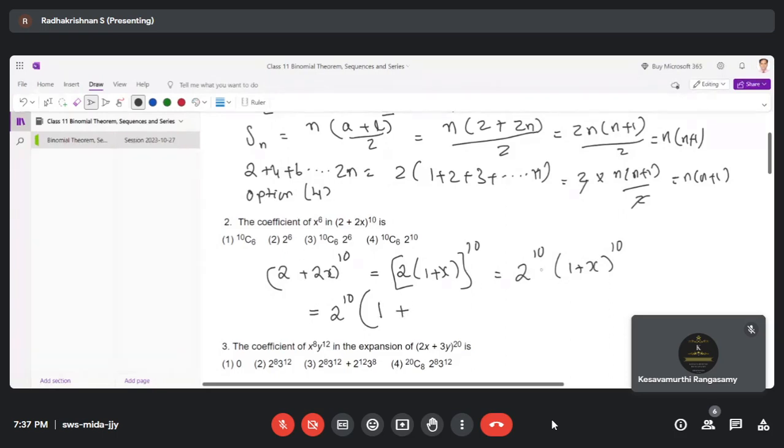The first term is 1, the second term is nc1 into 1 to the power of 9 into x, and the next is nc2. What is the option? Option 4, sir. Option 4. Okay, it could be right, but let's check it out.